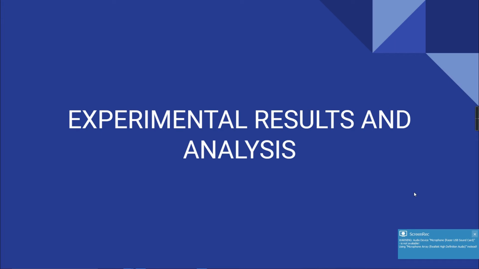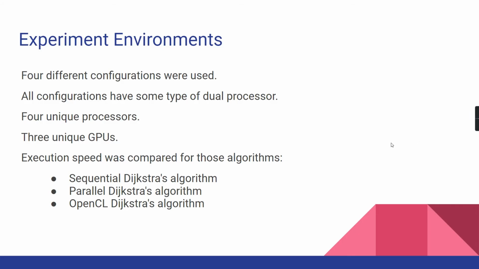All right, now we're going to talk about the experiment and results and analysis part of the research paper. In this section, there were 4 different configurations used. All configurations had a type of dual processor.